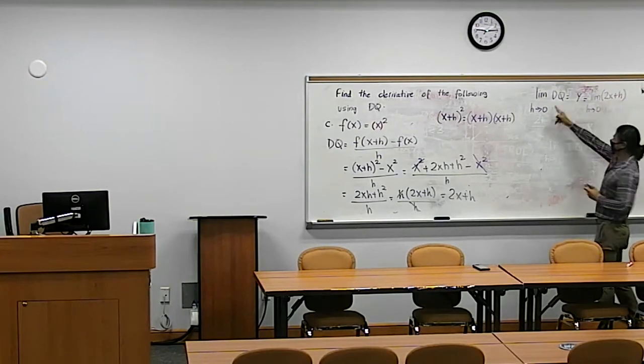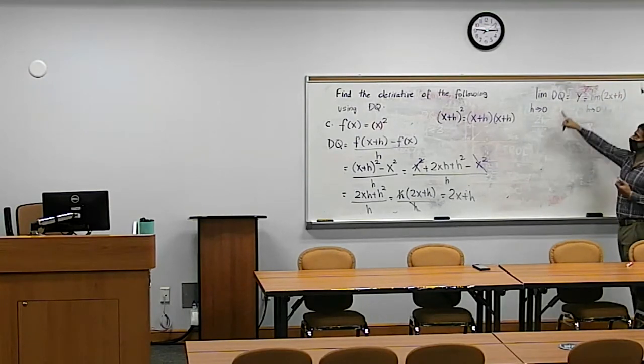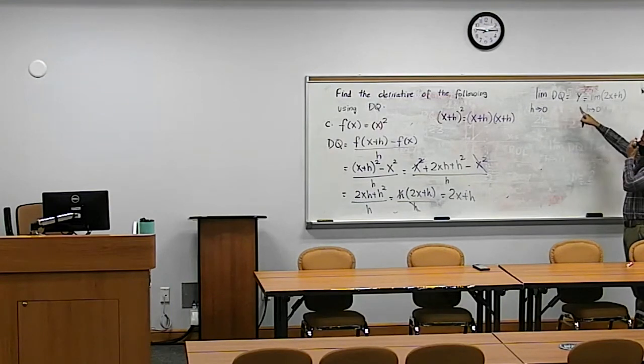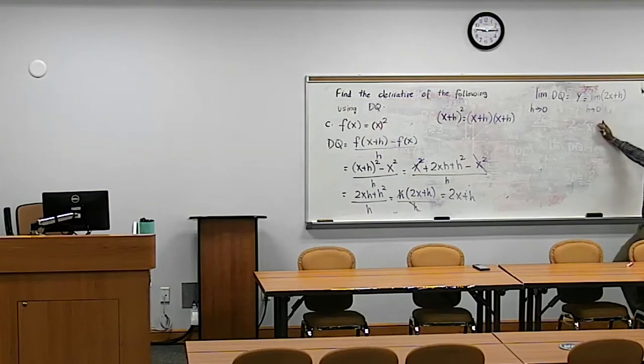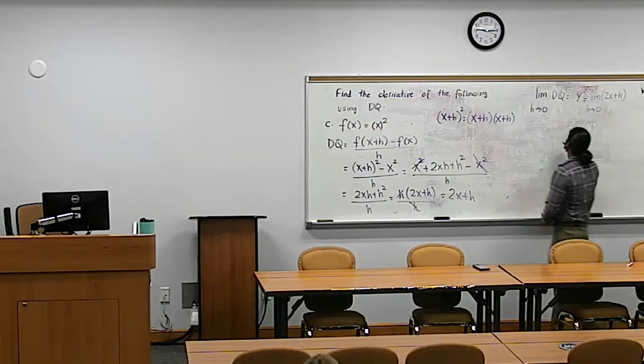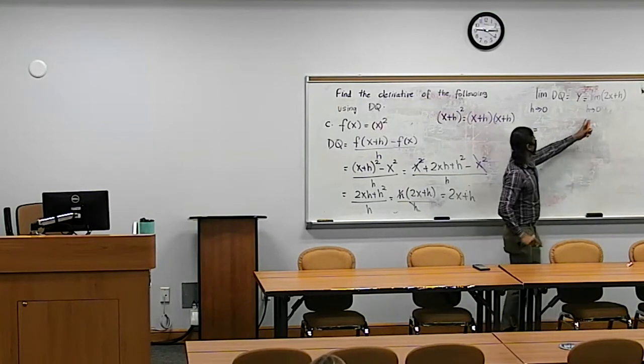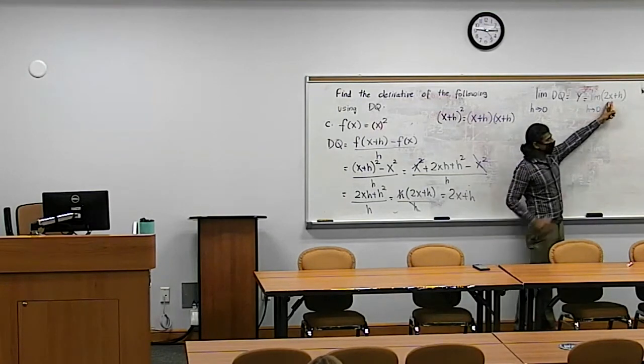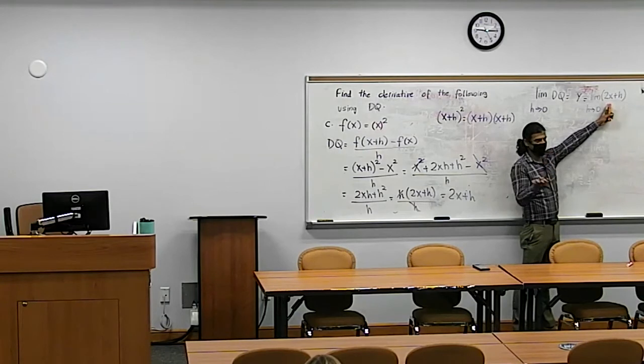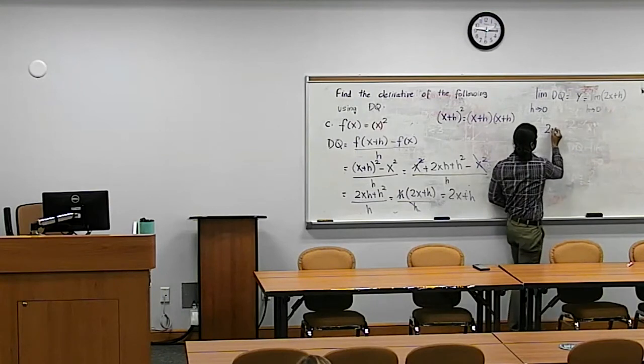The limit as h approaches 0 of the difference quotient is simply the derivative of the function, which is that limit as h approaches 0 of 2x plus h. Would the limit here apply to 2x? Do you see an h term there? No, just 2x. So that would remain as is.